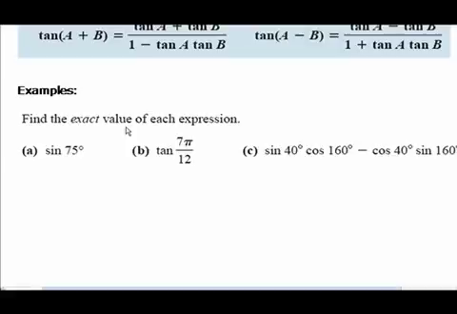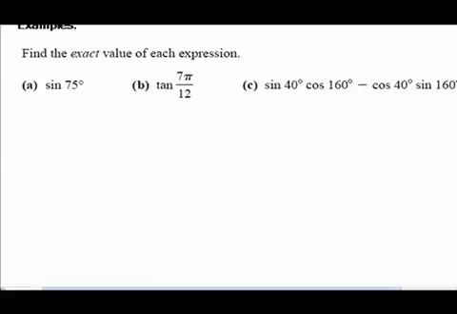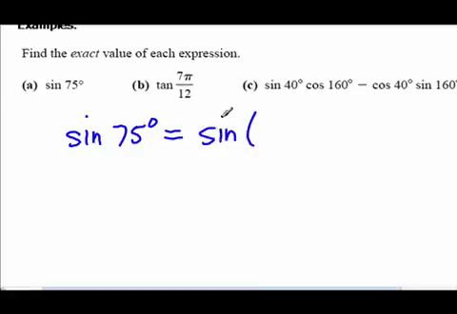Okay, let's start with letter A. Let's come up with the sine of 75, exact value again. Well, there's no expression I know for the sine of 75. So let's break it up into two special angles that I do know how to find the sine of. 60 plus 15.